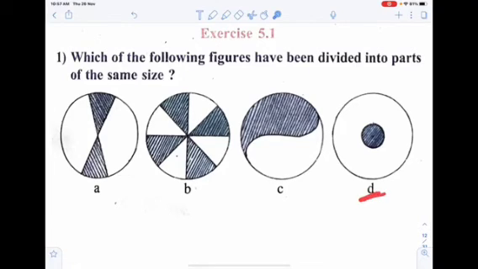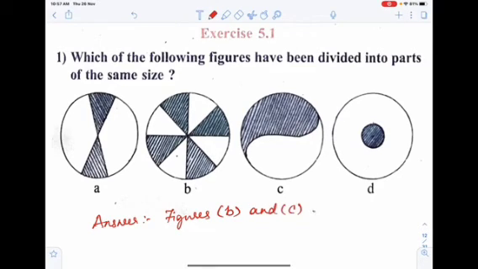Again, considering the fourth figure, is it divided into equal parts? No. The inner circle is not equal to the outer circle, correct? So this also need not be considered. So what is the answer? So the answer is figures B and C are divided into parts of same size.